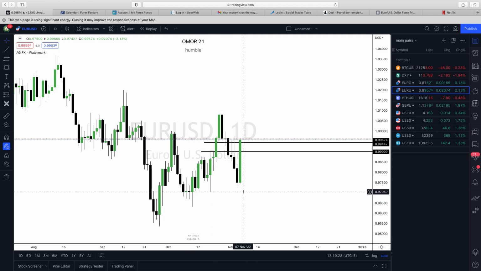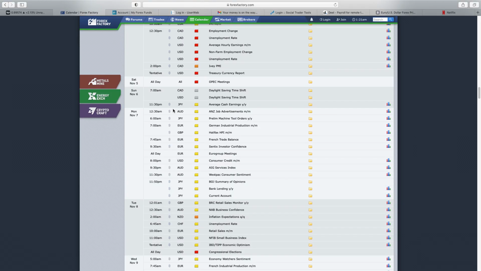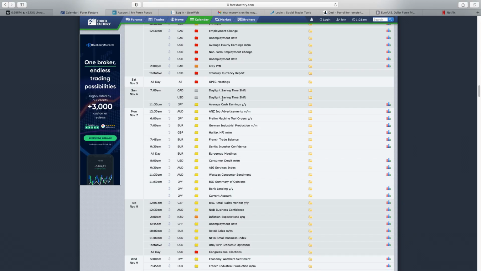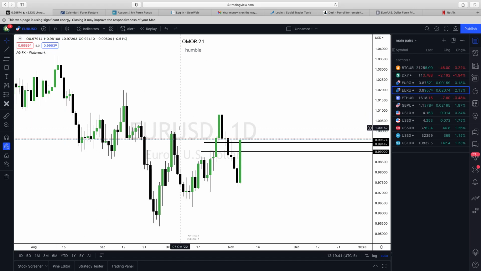Now, this week as well, if we go back to Forex Factory, you're going to see this, right? It is called the DST shift, daylight saving time shift. For the people that are in the UK with me, we had the hour go back last week. Now, America didn't change their hour; it's going to change today, right?